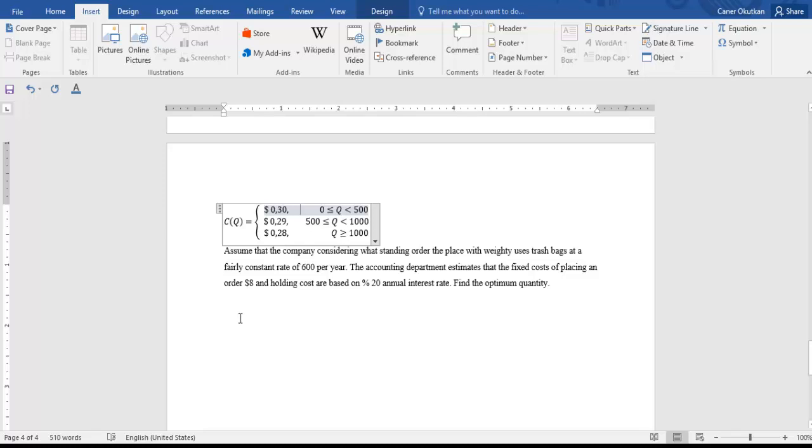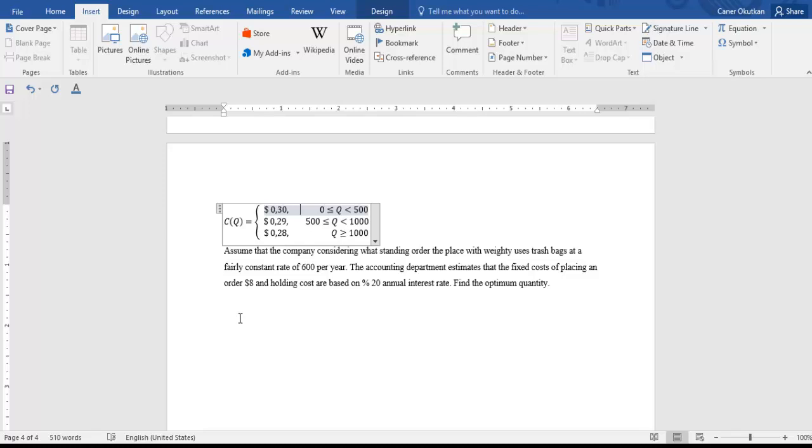So assume that the company is considering a standing order for trash bags at a fairly constant rate of 600 per year. So our demand is 600 per year. The accounting department estimates that the fixed cost of placing an order is $8 and holding costs are based on 20% annual interest rate. Find the optimum quantity.